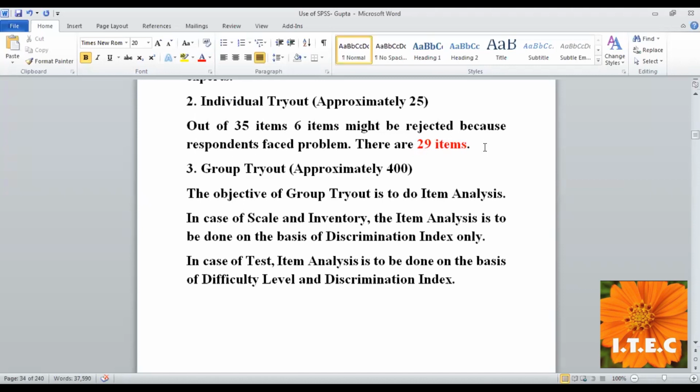Or all positive items first, all negative items second. No, it must be mixed. And then you should make copies, because you want to administer it to 400, so you should have at least 410 or 415 copies. Why? Maybe one or two are spoiled by the person during administration, so you should have enough copies to replace them.